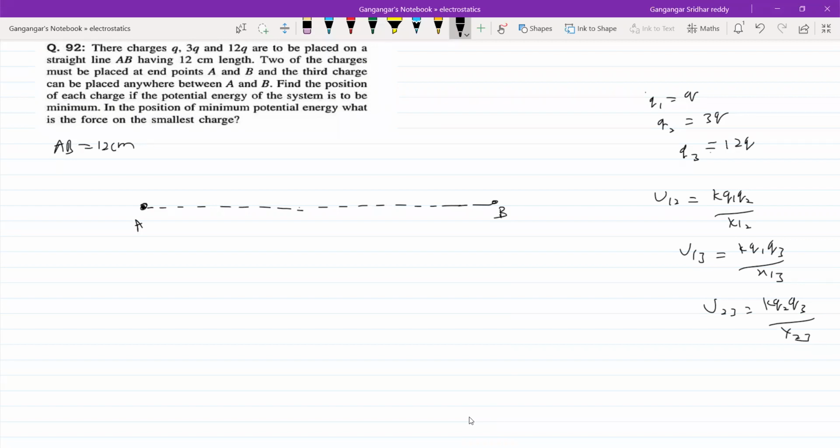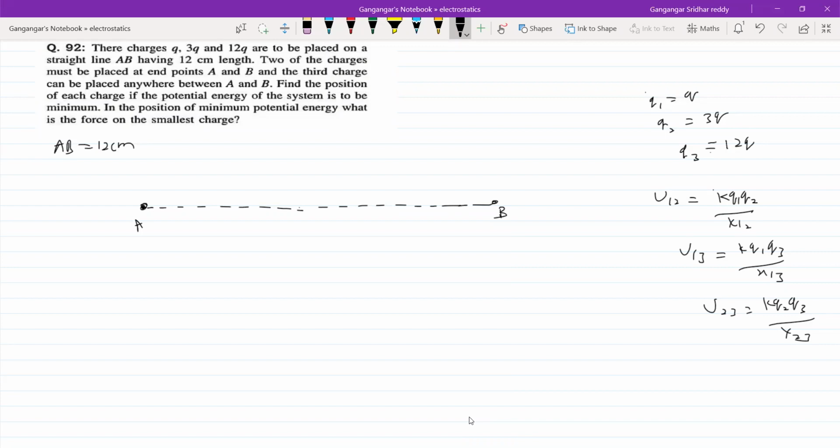So the product Q1 Q2, Q1 Q3, Q2 Q3, these are must known. But the separation between 1, 2 or 1, 3 and 2, 3 matters a lot, no? I'm trying to generate the idea. You put in any orientation, that product, the numerator, will be the same.